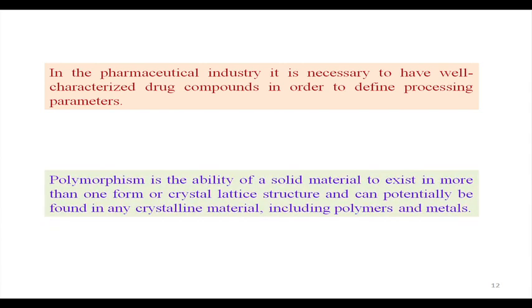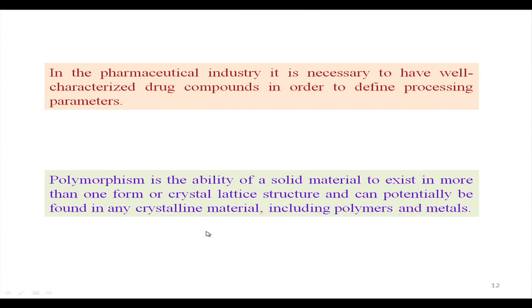Then the last one, which is also very important, is polymorphism, which we can also study using this technique, where a solid can exist in one or more forms in the crystal lattice structure, and potentially different crystalline materials, including polymers and metals, can be found.